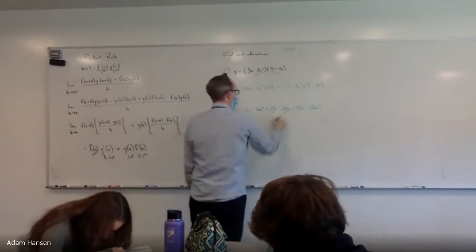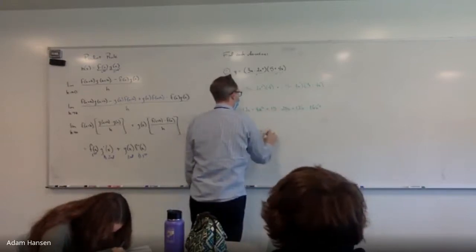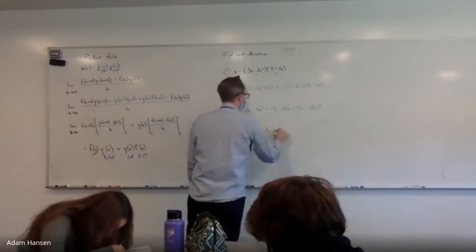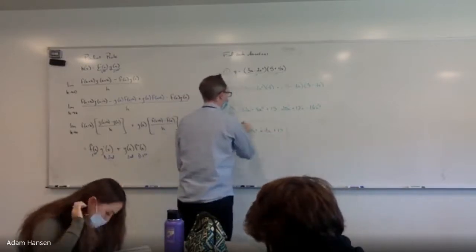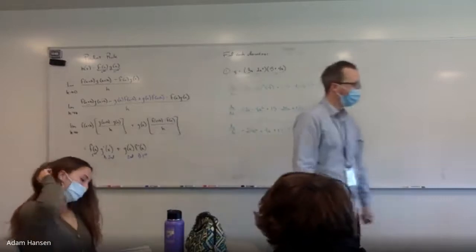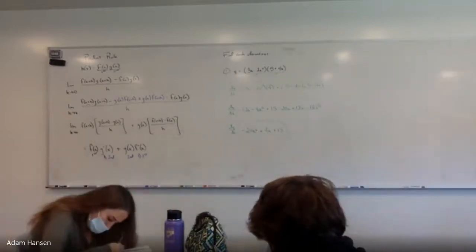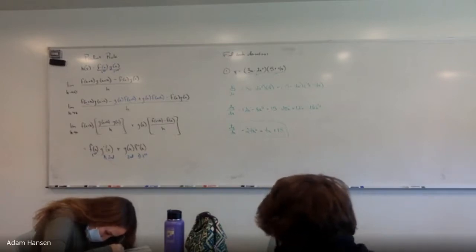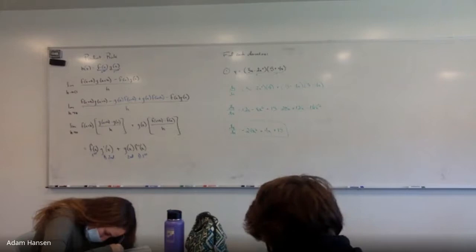When I subtract 20x, now it's just plus 4x. One last one to bring down is the plus 15. Here's your final simplified version. Using the product rule, we found the derivative to be negative 24x squared plus 4x plus 15.